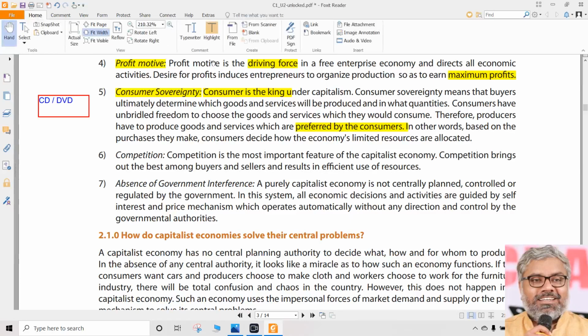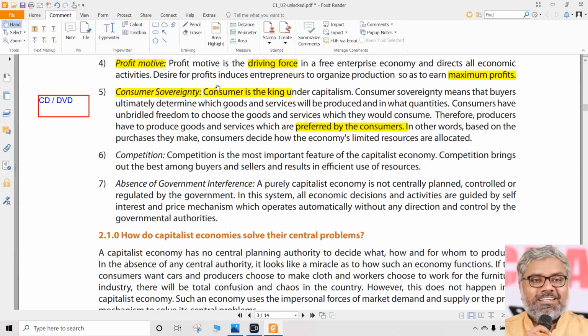So the point is, once again, the most important aspect here is the preference of the consumer. Whatever is preferred by the consumers, that only will be manufactured by the entrepreneurs. So naturally, who is directing the overall market? Ultimately, the consumer.